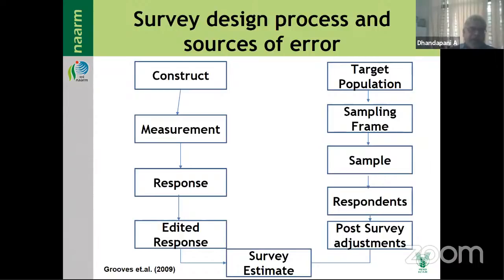You have a construct on the measurement side, and this is on the survey side. Both these two things are going to provide you the survey estimate. So in every step, when you go from one to another, there is going to be an error. And if you understand those errors, you will understand how to get good survey estimates.